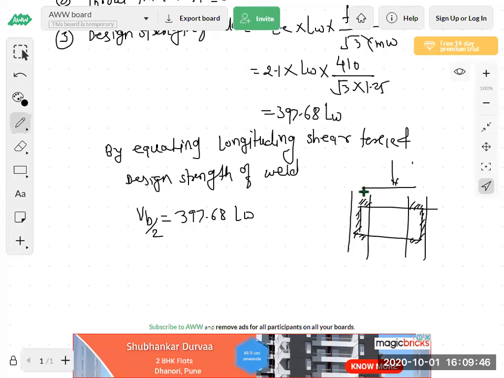So this VB longitudinal force is on two channel VB. So if we divide VB by 2, it means we have to calculate the length by one side only. Okay. Now VB is 93.86 by 2 is equal to 397.68 LW. So calculate LW.